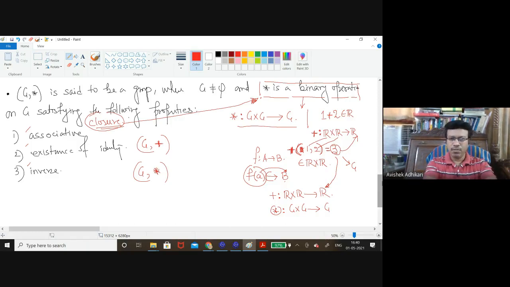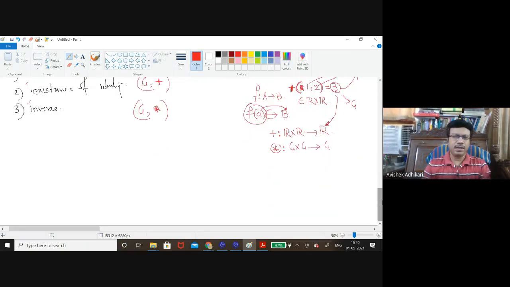Okay. Now when we talk about groups, let us have a few examples. The best one, which we have already talked about, is that R plus is a group because it satisfies all the properties. The set of all rational numbers with respect to dot is a group.